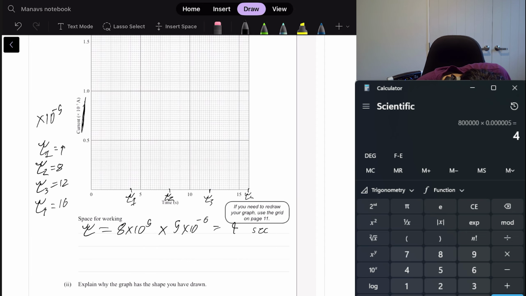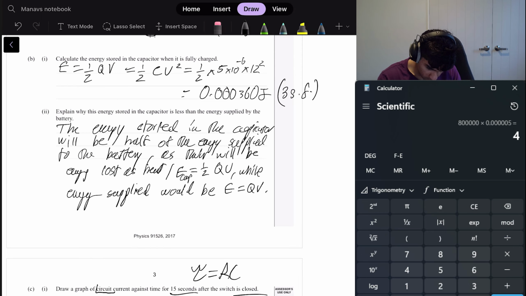None will be across the capacitor, because capacitors will always have a curve like this. Is this circuit current? You have to read it. Circuit current.